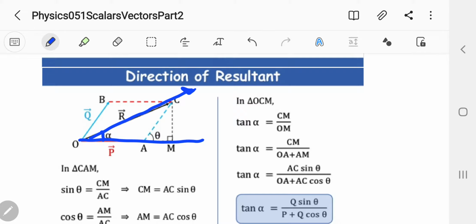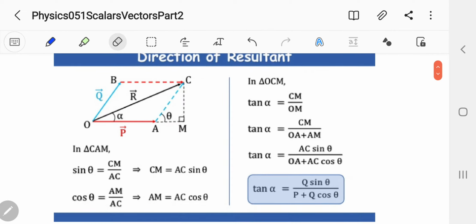This is also alpha degrees north of east, or you can say 90 minus alpha east of north. You can review the previous lecture; I will not discuss anymore how these are done.